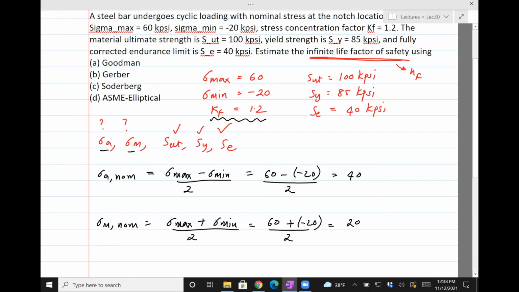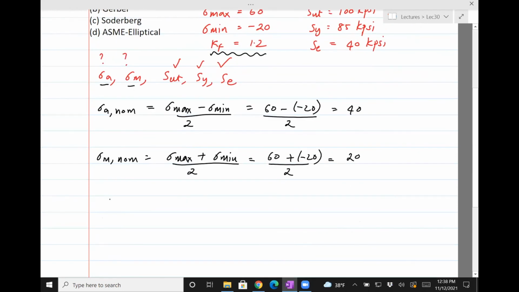Okay, and if that's the nominal stress, to find the maximum stress, sigma a is simply the factor of fatigue failure times sigma a nominal, equals 1.2 times 40, which is 48.